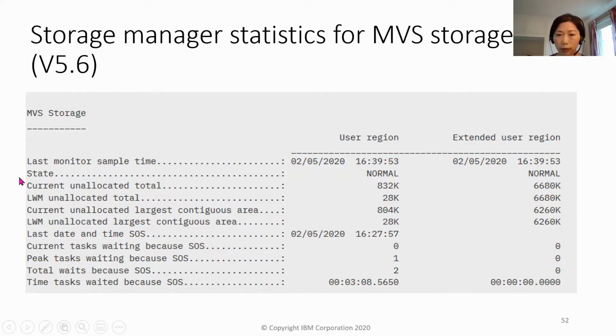So the state, whether it's normal or an out-of-storage condition, and how much is not allocated. What's the highest level of unallocated, the lowest level of unallocated. So whether it has been in SOS condition and how many tasks waited because of those SOS conditions.